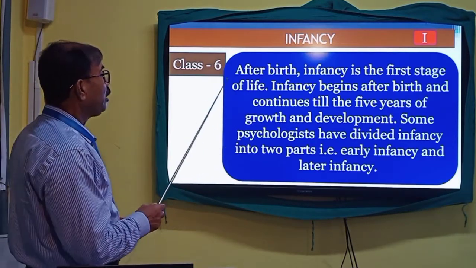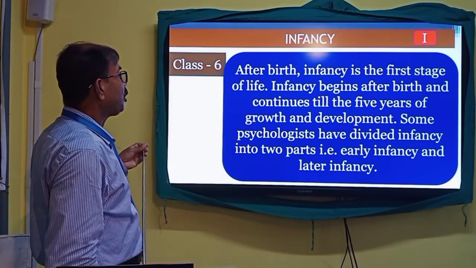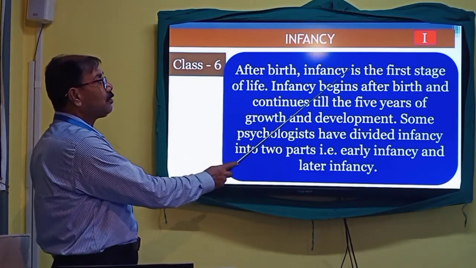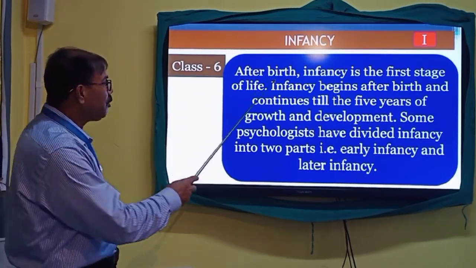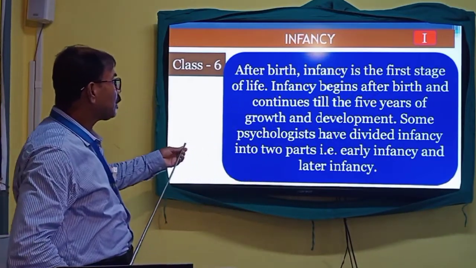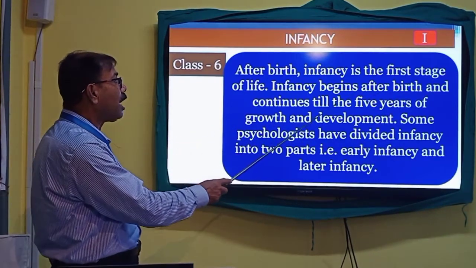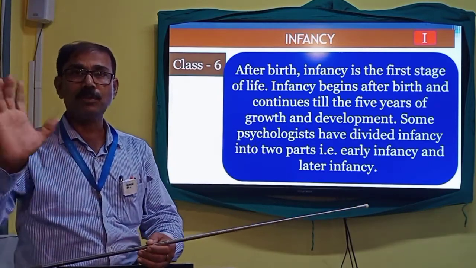Anyway, whenever we discuss after birth, infancy is the first stage of life. Friends, infancy begins after birth and continues till 5 years of growth and development, meaning from 0 to 5-6 years.